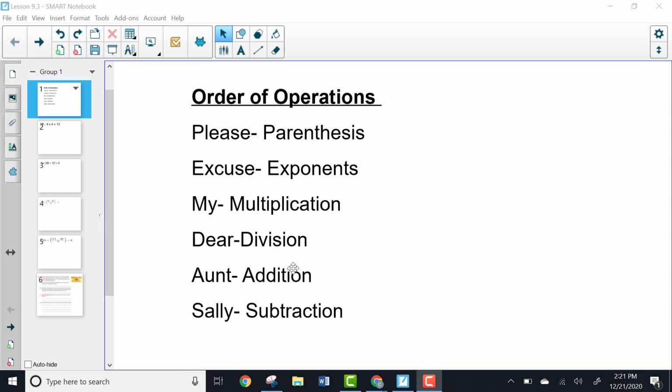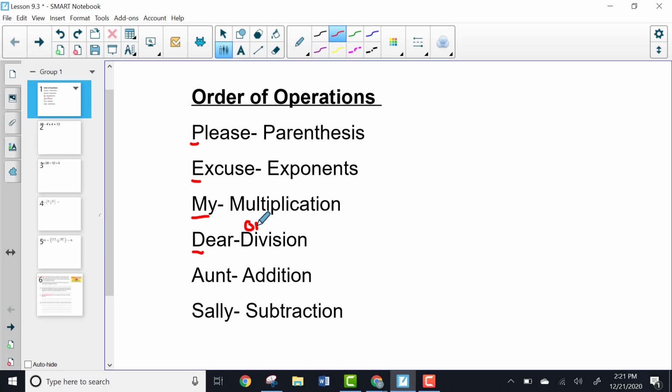Now, the easy way to remember this is by the little saying, please excuse my dear Aunt Sally. Okay, so P stands for parentheses, E stands for exponents, M multiplication, D division, remember this is an or here, A for addition and S for subtraction, this would be an or as well.